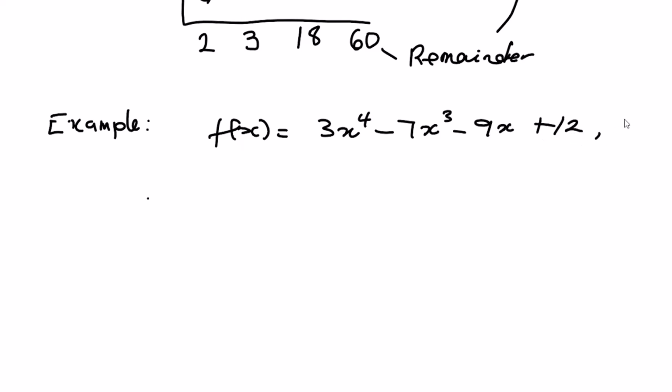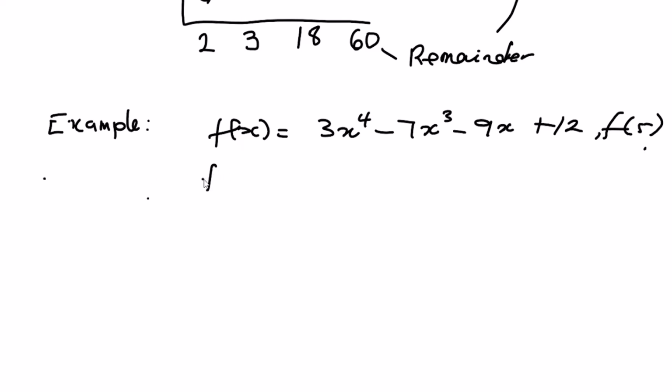We have to find f of 5. Alright, so using the synthetic division, what will be our answer? Alright, now our C is what? 5. This is our C. So our C is 5.